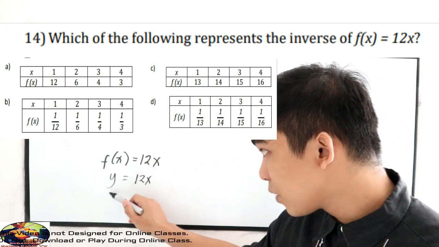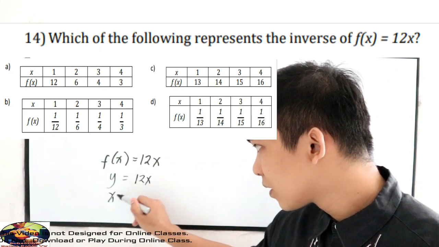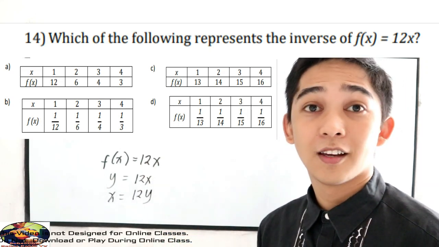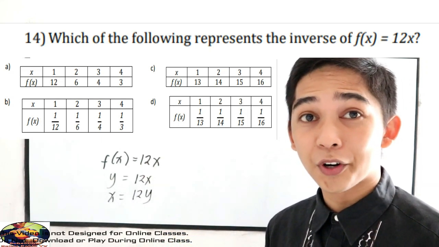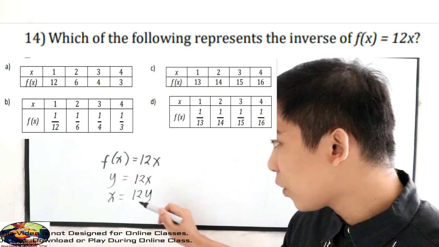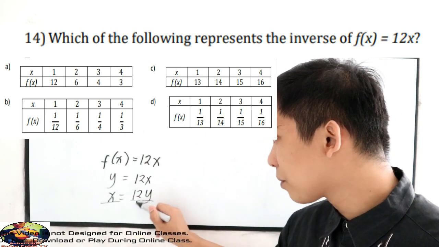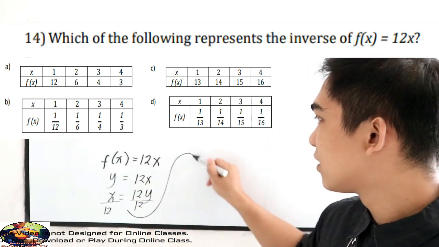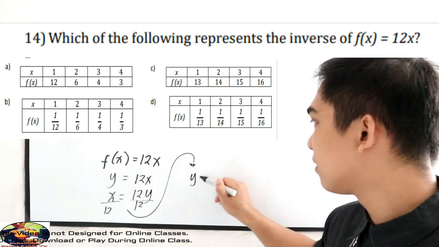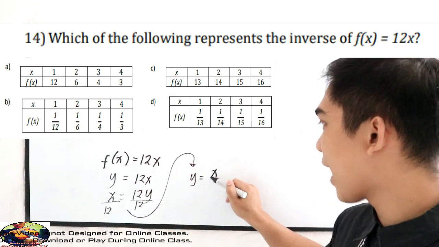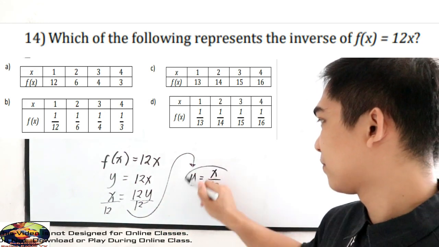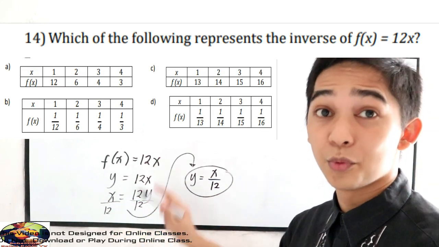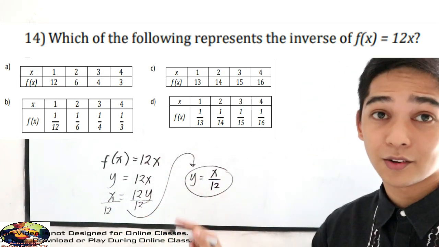So our y will become x and our x will become y. And now solve for y. To solve for y, divide the equation by 12 by 12. Now we have y is equal to x over 12, or x over 12 is equal to y. Commutative property, they are equal or the same.